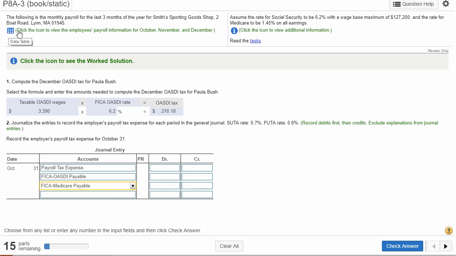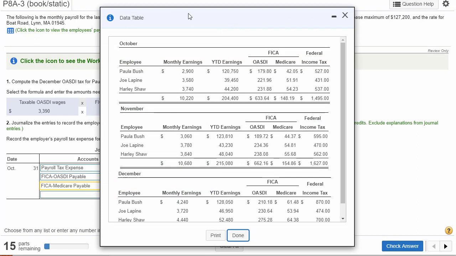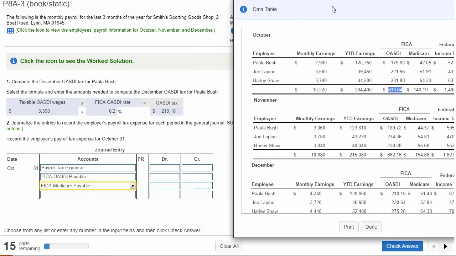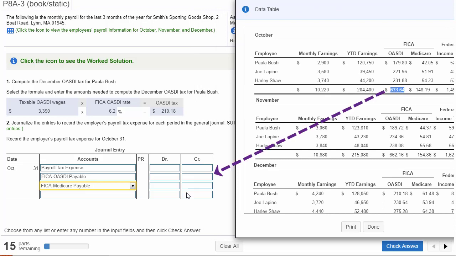To find the amounts, we have to go back up here and open up our table. Notice this says we're doing October, so we have to look up here in October. For OASDI, the employees paid a total of $633.64. Now remember, the employer has to match that. So I'm just going to copy that.